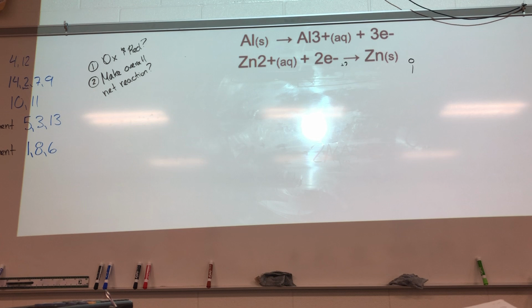You're almost there. You're not combining. Look at the one above compared to the one below. You're doing more work than you need to. The number of electrons lost has to equal the number of electrons gained. So you need 2 Al, right?